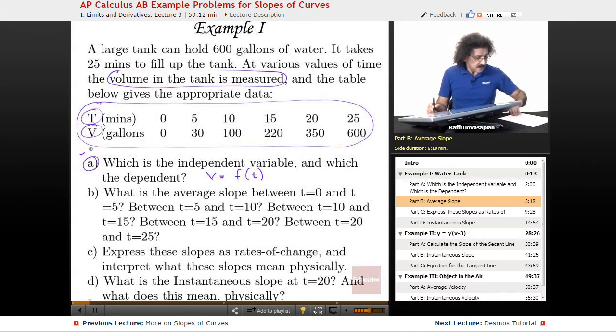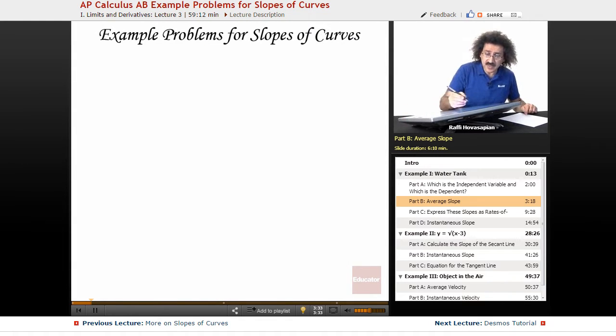Now, what is the average slope between t = 0, t = 5, and all that business? Let's take care of that next. But I'm going to draw this out so you can see it, so we can convert this into some sort of graph.